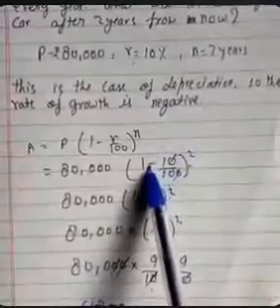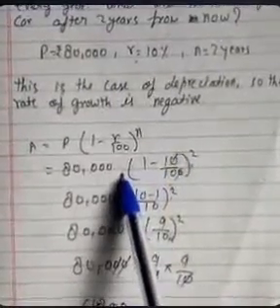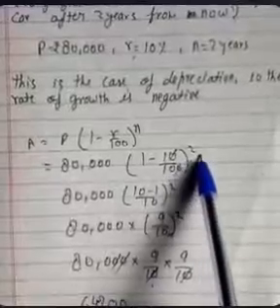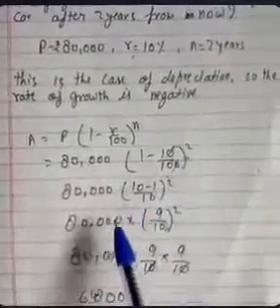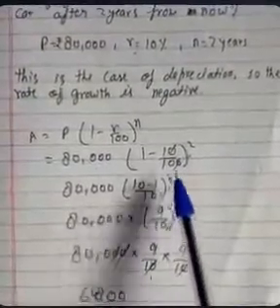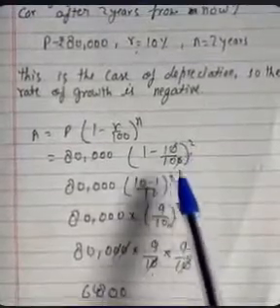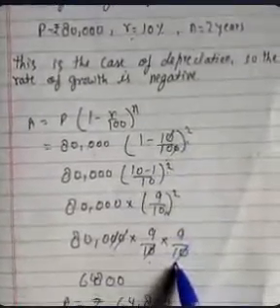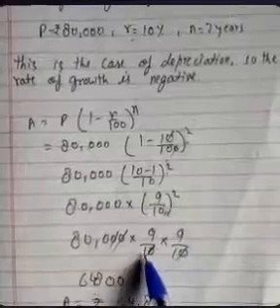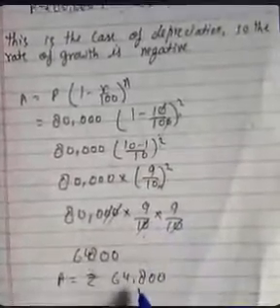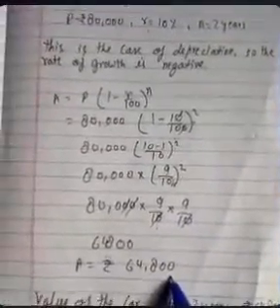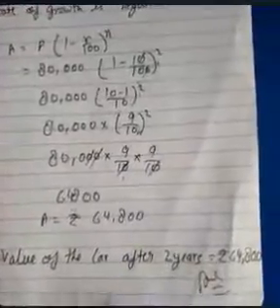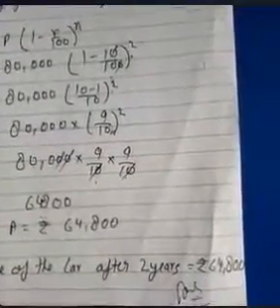Putting the values, 80,000, the value of R is 10 and N is 2. Now look here. First of all, take the LCM, 10 minus 1 equal to 9 upon 10, multiplied 2 times. The zeros cancel, and then after multiplying, the answer is 64,800. The value of the car after 2 years is 64,800.